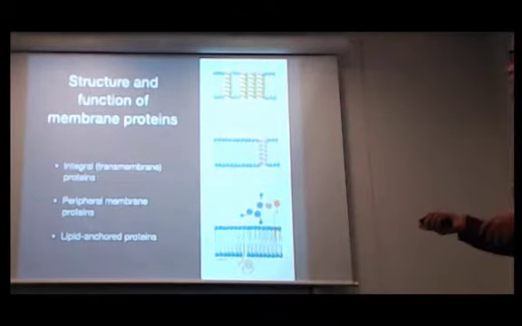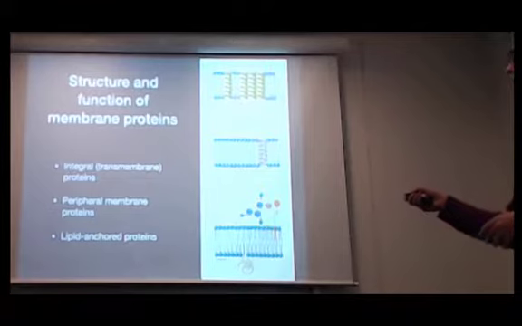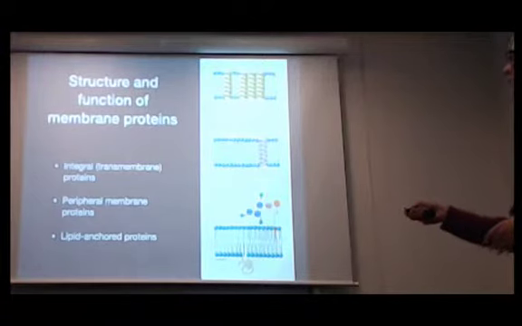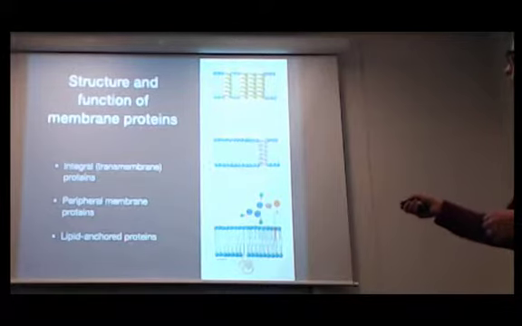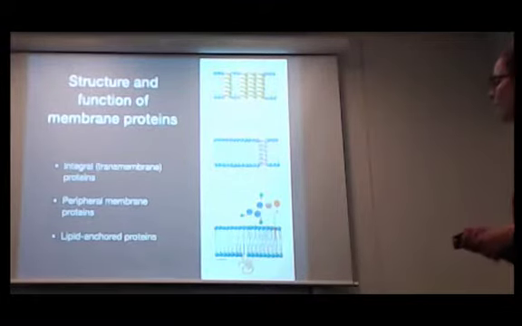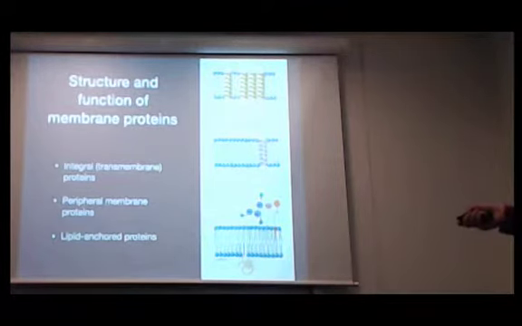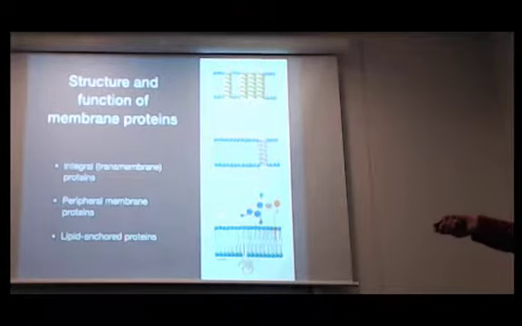These ones are called peripheral membrane proteins, and they're made of domains that are associated with the membrane through non-covalent interactions, and they interact either with the extracellular leaflet or with the intracellular leaflet. And then we have lipid-anchored proteins, where the protein chain is directly covalently linked to a lipid, and so it's associated with the membrane through a covalent interaction.